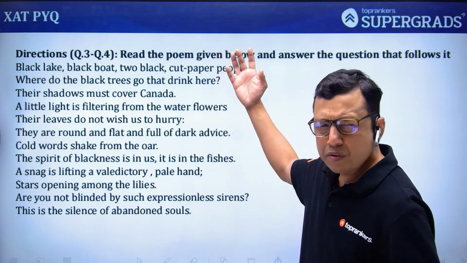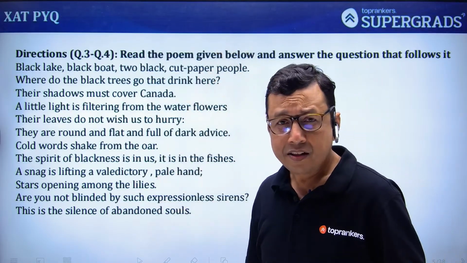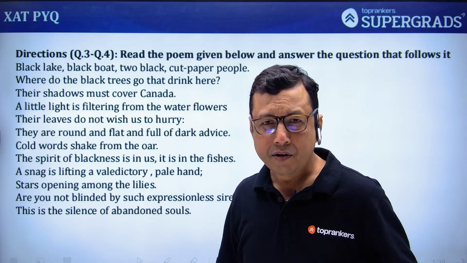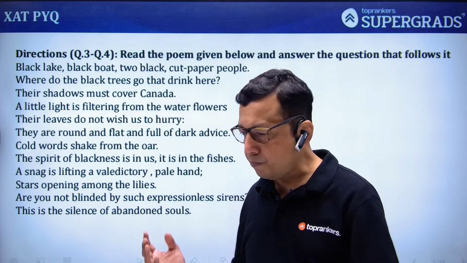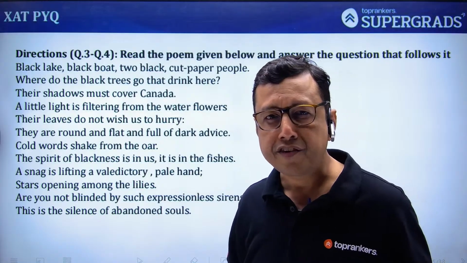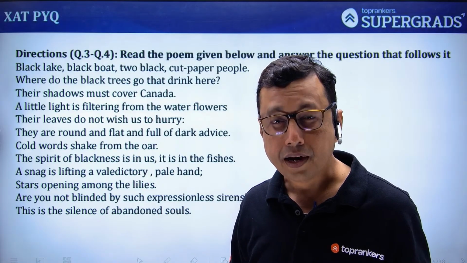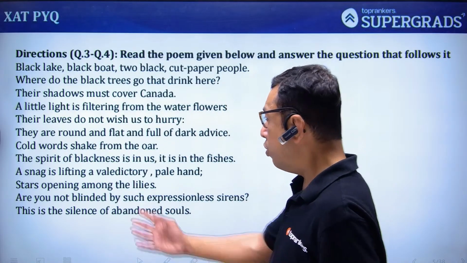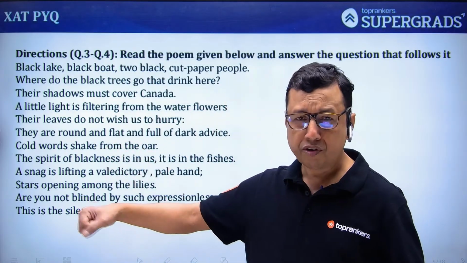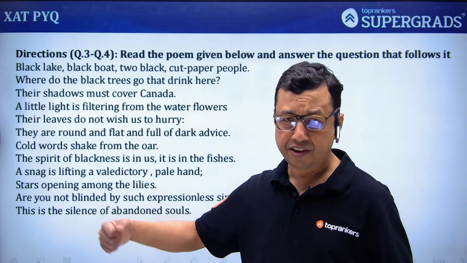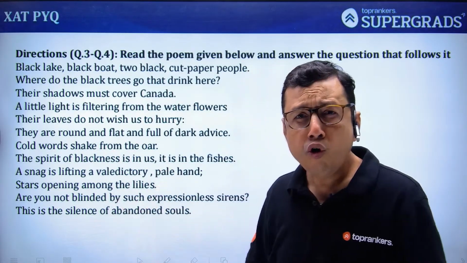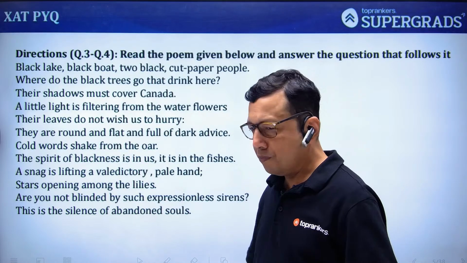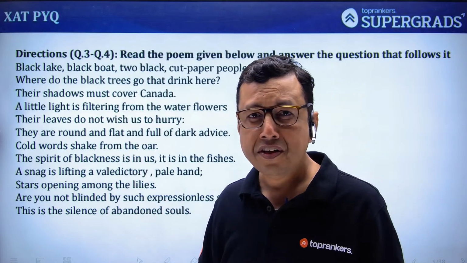So, upon reading these lines, sure, you're filled with grief. The poet very clearly expressing grief, melancholy, right? Black, the color suggests. Cold words shake from the oar. Or चप्पू जो होता है नाव को खेते हैं जिससे, right? So even the oar is sort of shaking out cold words, right?